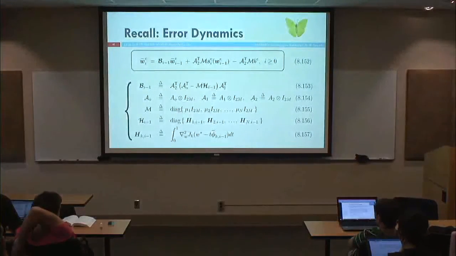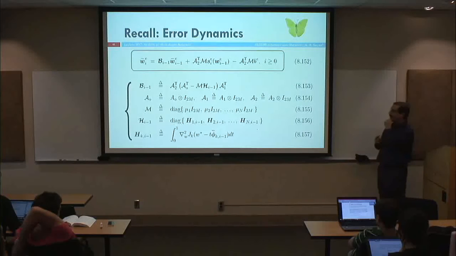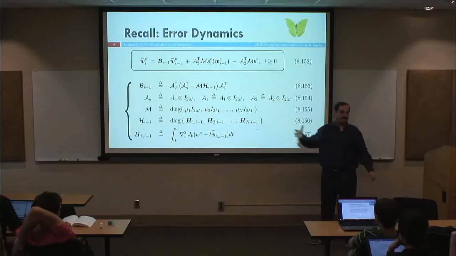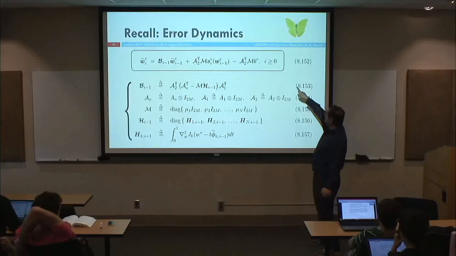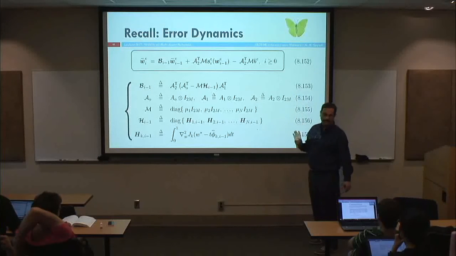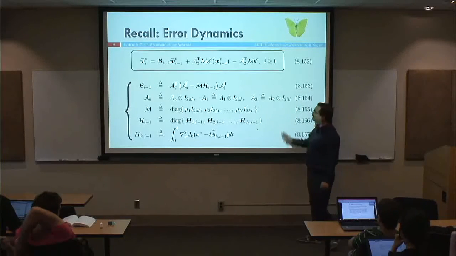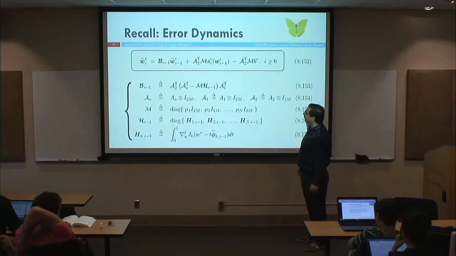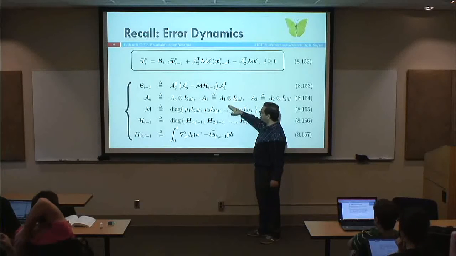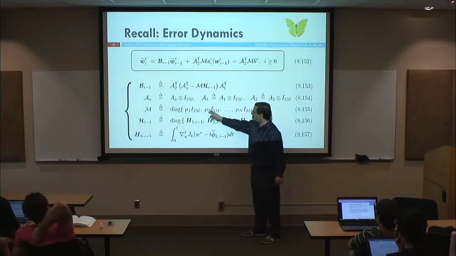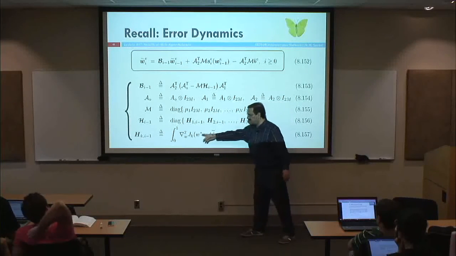And now I'm going to prove the following result. Here I'm just reminding you of the equations. What you have on top is the error equation, correct? That's how the error evolves over time. B is random. These are the A's, M depends on the step sizes, H depends on the H.